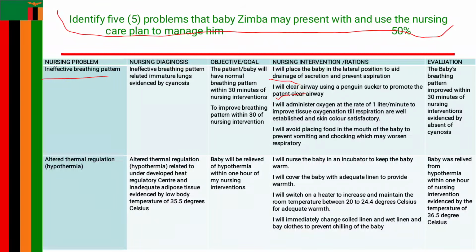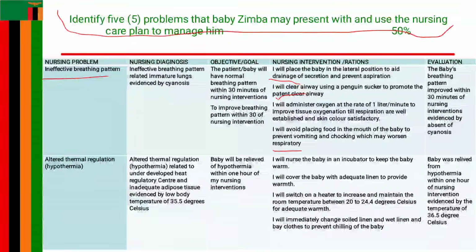I will administer oxygen at a rate of 1 liter per minute to improve tissue oxygenation till respirations are well established and skin color is satisfactory. I will avoid placing food in the mouth of the baby to prevent vomiting and choking, which may worsen respiratory distress. So avoid placing food, specifically avoid breastfeeding the baby before you relieve the difficulties in breathing.